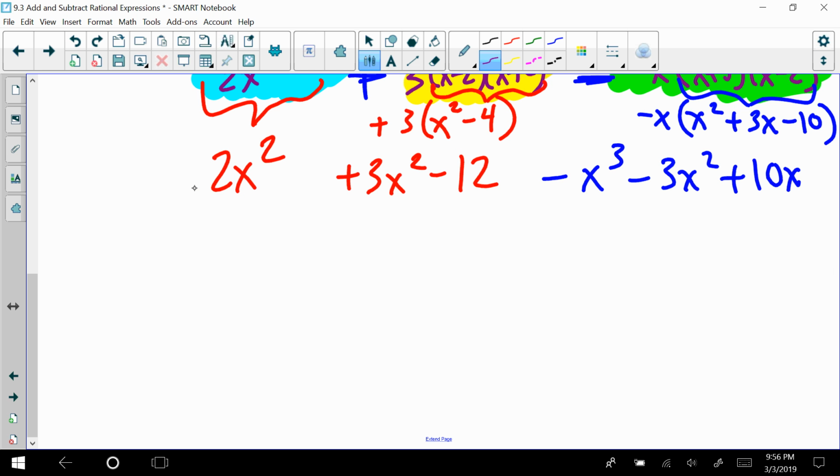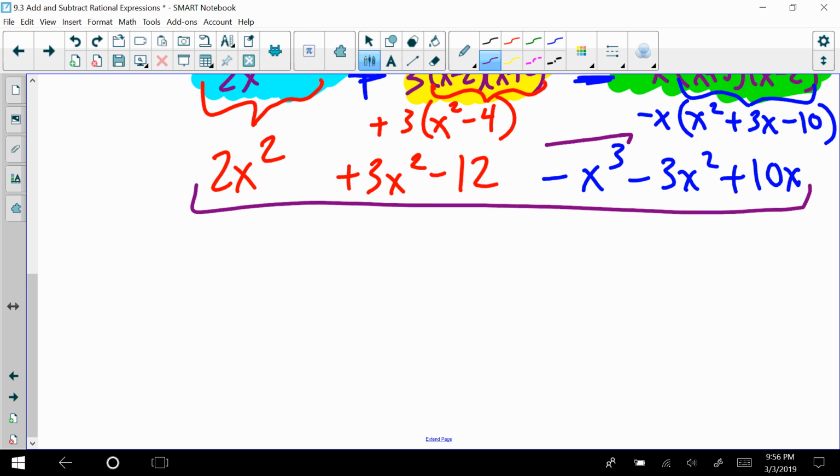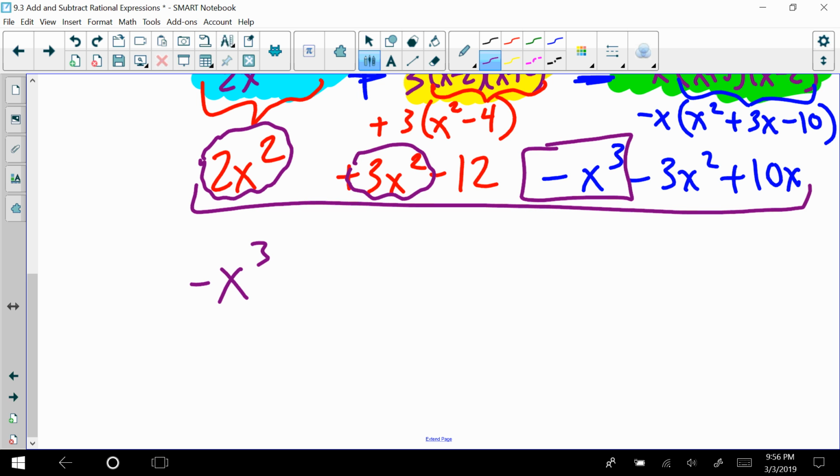Finally, I am to this line, which I know is still on top. Do I see anything that can combine? Well, I see this x cubed. I think it's alone, negative x cubed. I got this x squared, this positive 3x squared, and this negative 3x squared. Well, these two will cancel, leaves me with positive 2x squared.